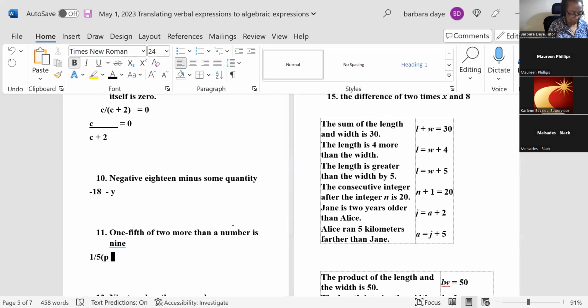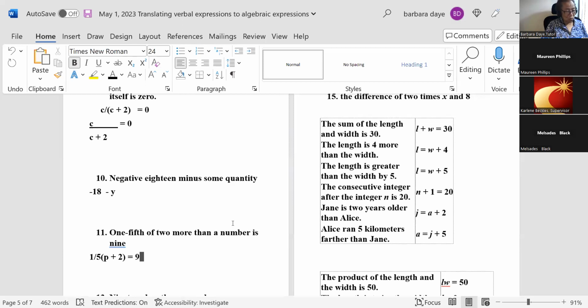Very good. And that 2 is added. Let's put equals 9. That's it.